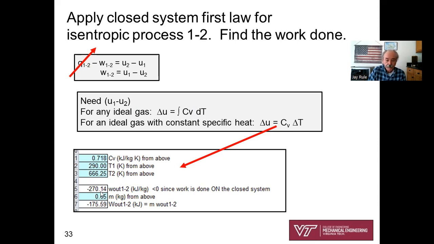Applying that in our relationship, little w out is negative 270.14 kilojoules per kilogram. Applying the mass, capital W out is negative 175.59 kilojoules. A little easier to do than our table work.